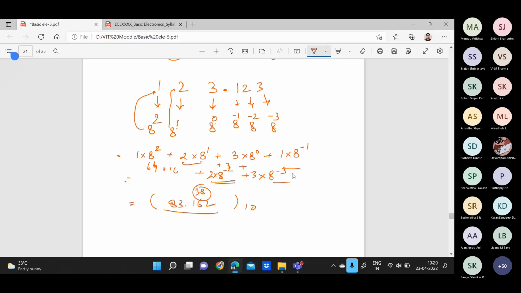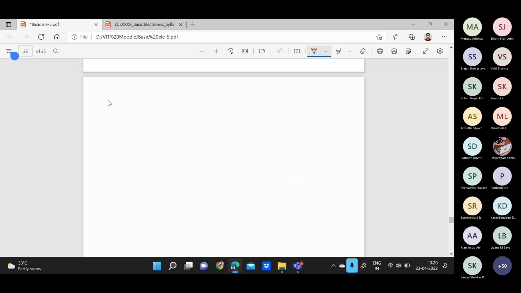Now, the next thing that we have is the third type of number system, which is hexadecimal. As the name indicates, hexa means 6, decimal means 10. So in total we have 16 different digits to represent any number. Hexadecimal means base is 16. Now the question arises, we have only 0 to 9 numbers to represent, right? We don't know any other digits to represent.